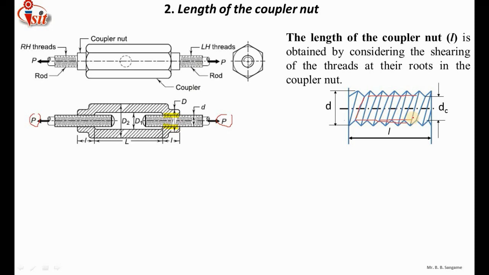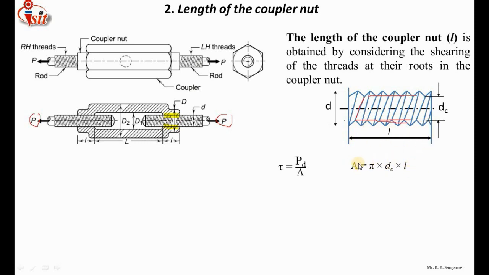So the induced shear stress tau equals, again we are discussing the threaded portion, so tau equals PD, we have to consider the design load, divided by A. For the threaded portion, the area will be, considering the core diameter, pi into DC into L. Along this length there will be a shear failure, so I am going to consider the length.